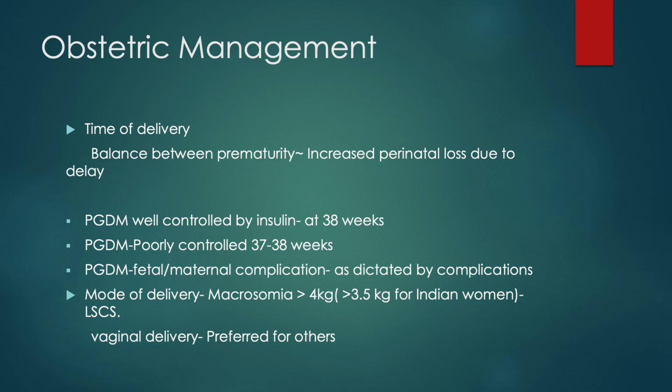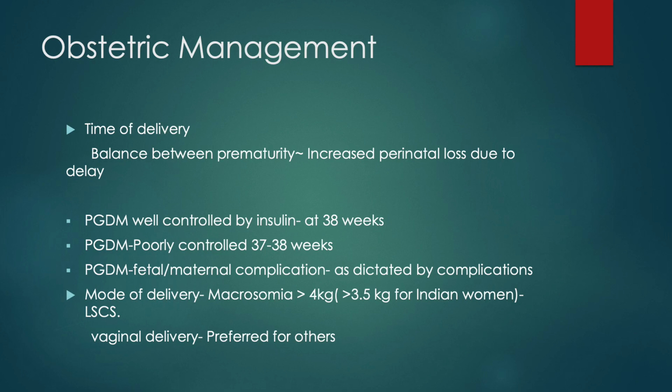And usually in PGDM patients, when it is controlled by insulin, pregnancy is advised to terminate by 38 weeks. If it is poorly controlled, better to terminate between 37 and 38 weeks. If there is a complication, either fetal or maternal, the time of termination is dictated by the complication.